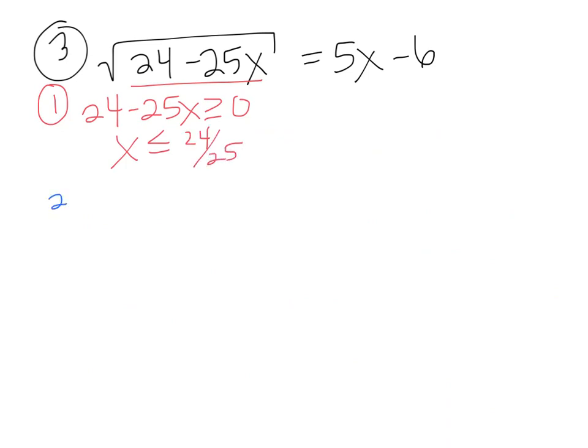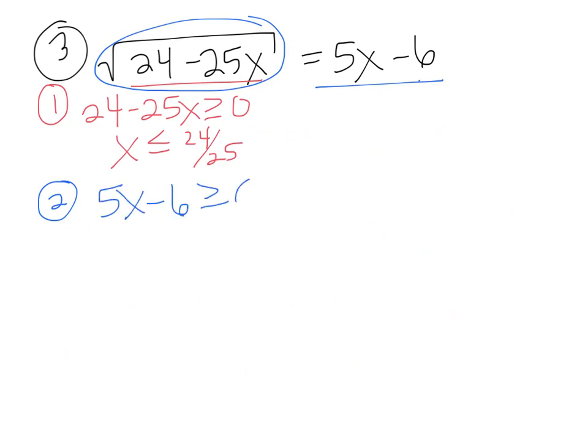And for part 2, this part's also going to need to be greater than or equal to 0, because when you take the square root over here, that will be 0 or positive. So this side also has to be 0 or positive. So 5x minus 6 needs to be bigger than or equal to 0. When you solve that, you should get that x needs to be greater than or equal to 6/5.